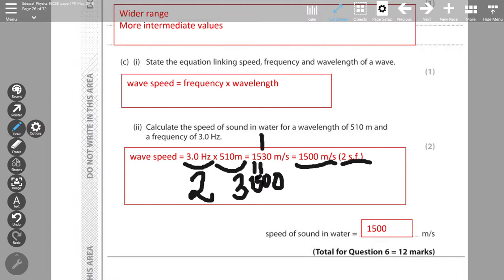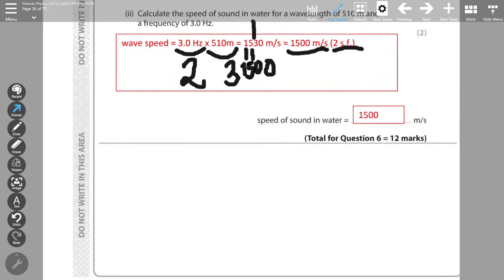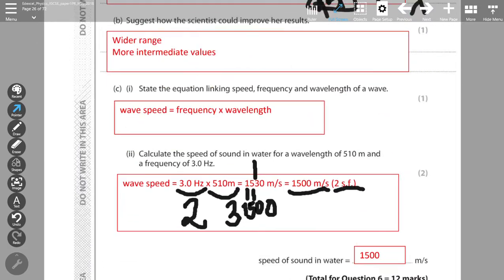So we should keep the first 2 values, the 1 and the 5, and the rest becomes zeros, so 1500. So this is what we have. Finished with this paper, right?